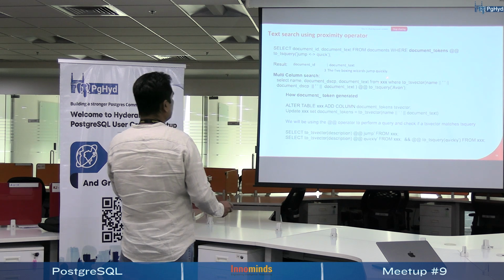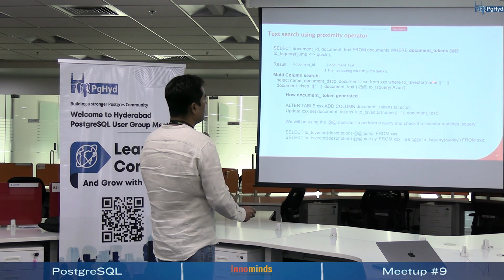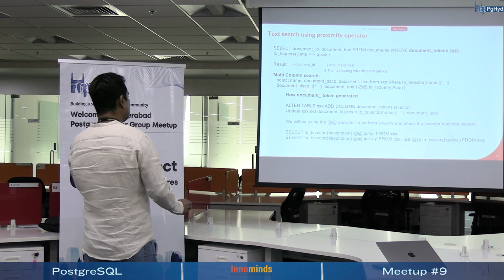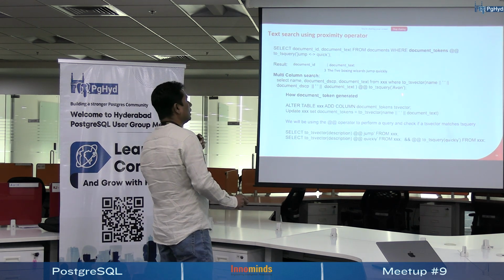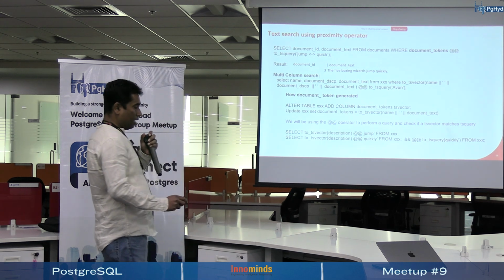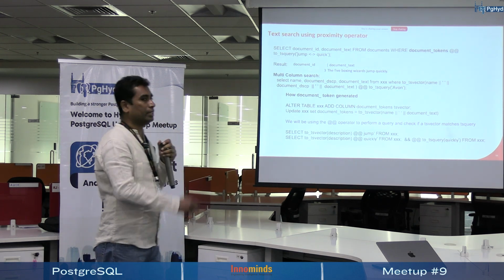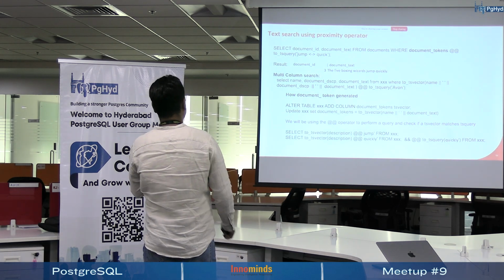How exactly are we using it? At run time we are just putting a where condition and then tsvector of name, description and document text. We are just combining them and then searching for Avon. So where exactly is this Avon going to search? It is going to search in all 3 fields. If in any field we get the match, it will give you the data.